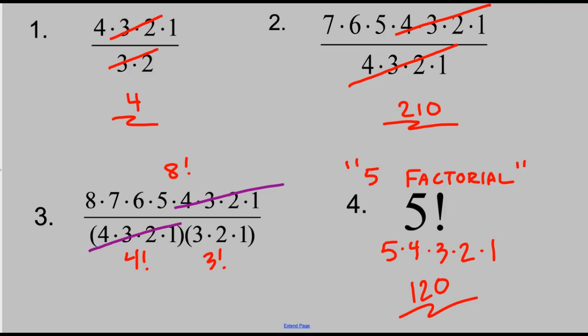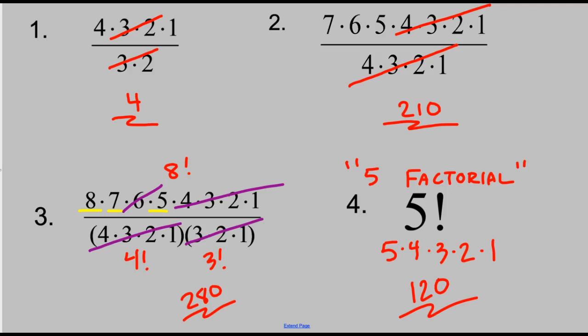And then the 3 times 2 times 1 part, 3 times 2 is 6, would cancel out one of those 6's. So really, this expression would be just 8 times 7 times 5, which is 280. So that's a little bit of what factorial is, and how you can manipulate these expressions and simplify them.